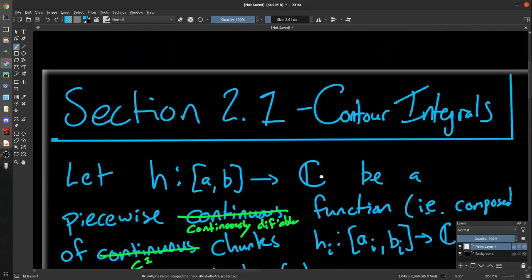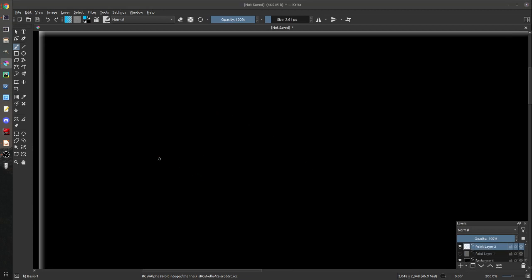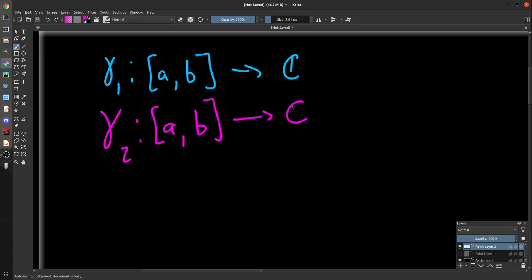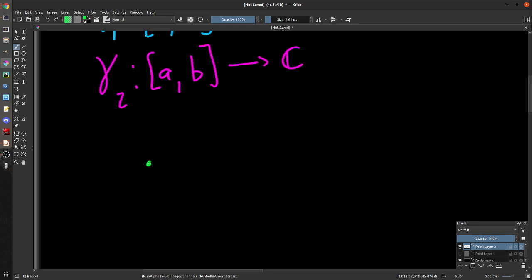So this is a worthwhile point to bring up, which is that you could have gamma 1, let's say, go from the interval a to b to c, and gamma 2, which I will draw in a different color to make everything clear, go from the exact same interval, and both of them look identical if you actually draw them out.